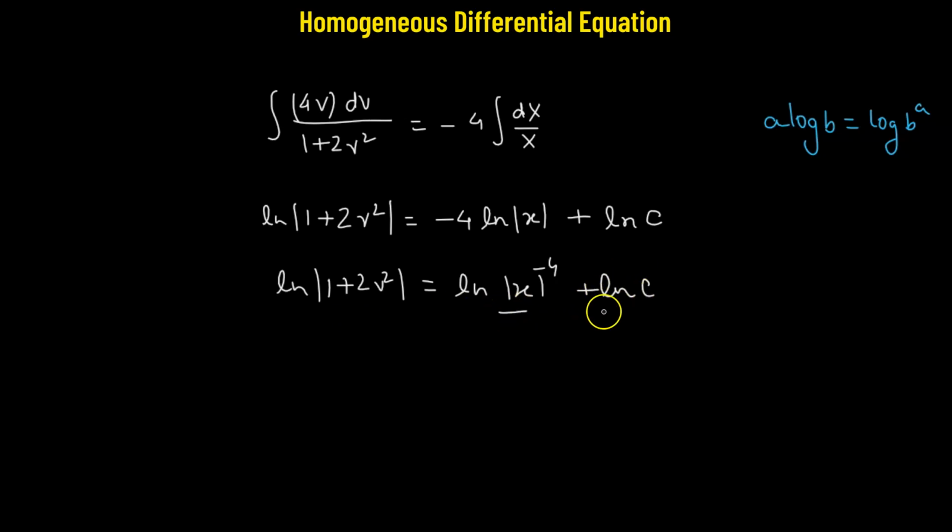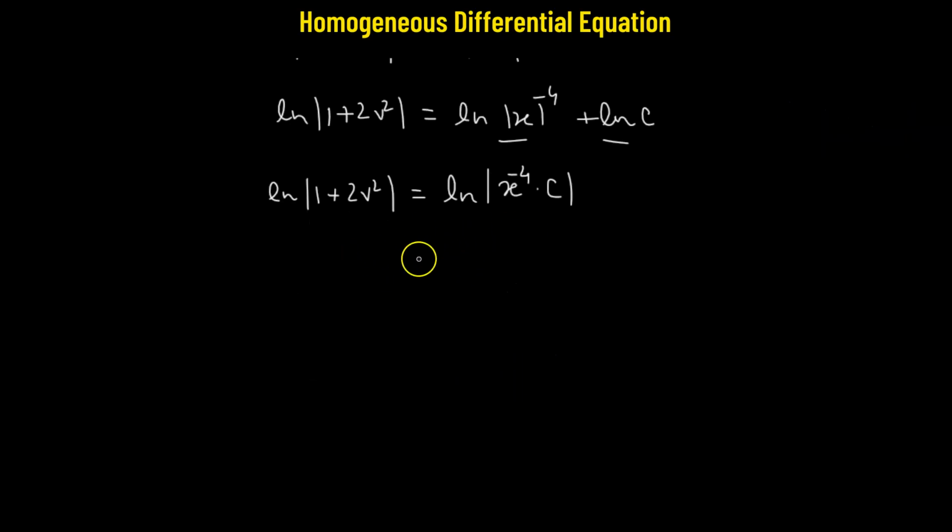Now we'll combine these two logarithms. Now we have logarithm on both sides, so we can get rid of the logarithm to have the absolute value 1 plus 2v squared equals c divided by x raised to the power of 4.